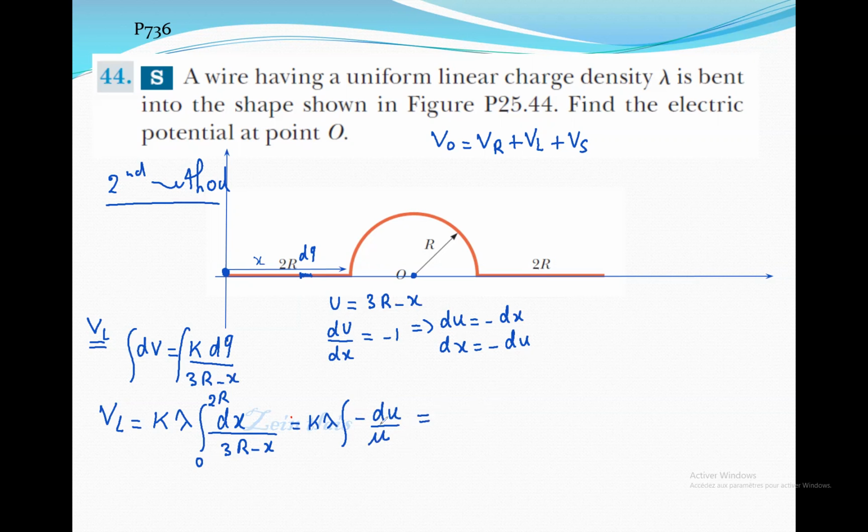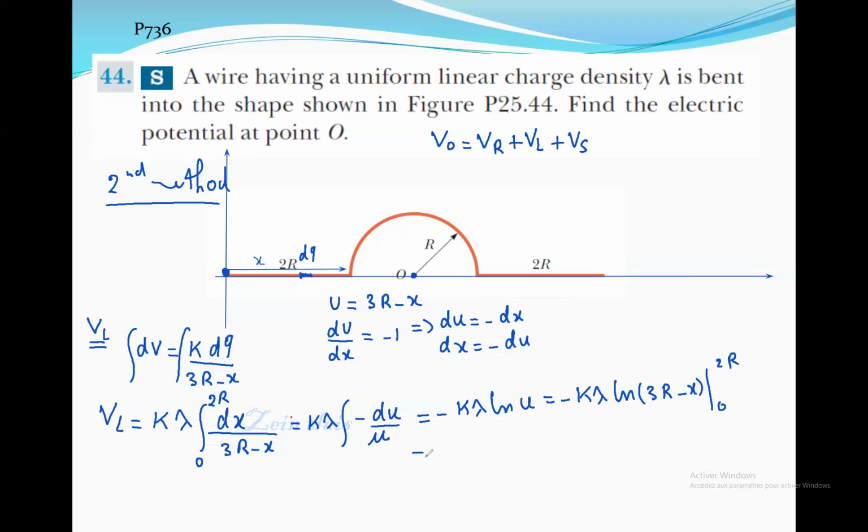The integral of du over u equals ln u. We get minus k lambda ln u, where u equals 3r minus x between 0 and 2r.